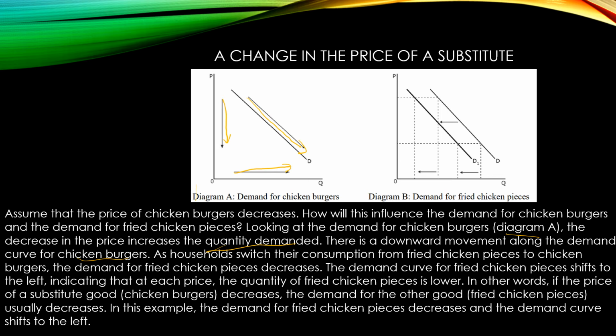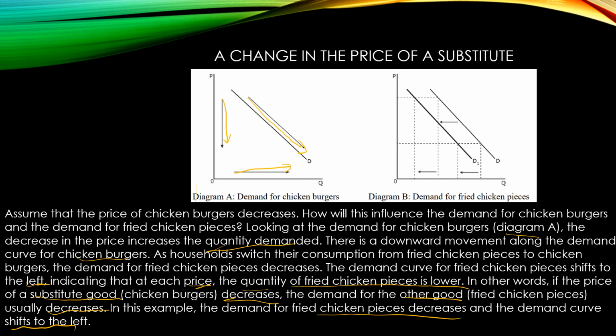A household switches their consumption from fried chicken pieces to chicken burgers. The demand for fried chicken pieces decreases. The demand curve for fried chicken pieces shifts to the left, indicating that at each price, the quantity of fried chicken pieces is lower. In other words, if the price of a substitute good decreases, the demand for the other good usually decreases. In this example, the demand for fried chicken pieces decreases and the demand curve will shift to the left.